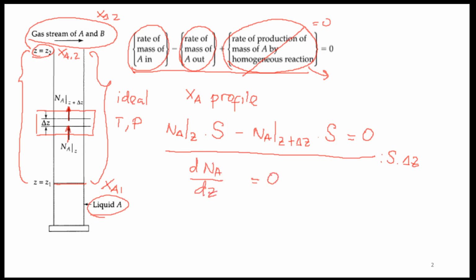Now we have to remember that NA is the total rate of A. So we have to find out the relationship between NA and JA.